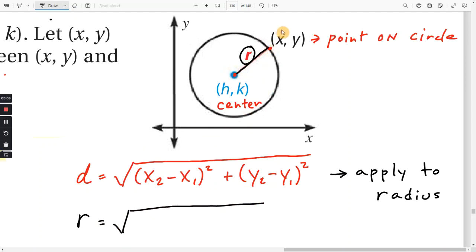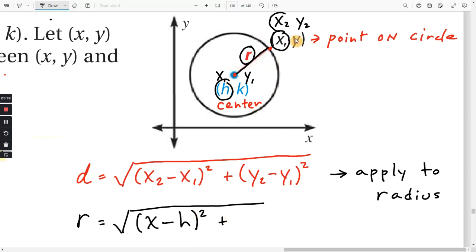And we'll let this point on the circle be x2, y2, and we'll let the center equal x1, y1. So if we wanted to apply the distance formula here, subtracting the x's, I'm sorry, I circled the wrong thing here. We would do x minus h, and that gets squared.